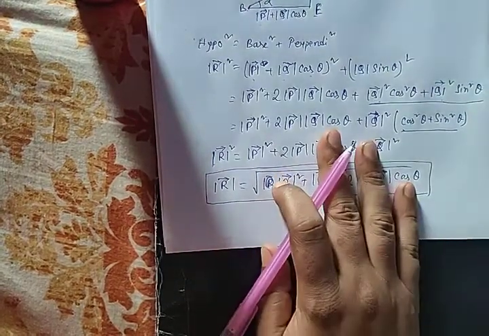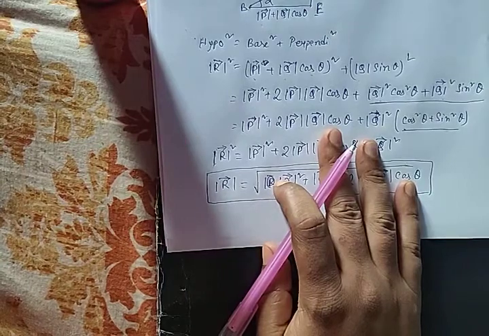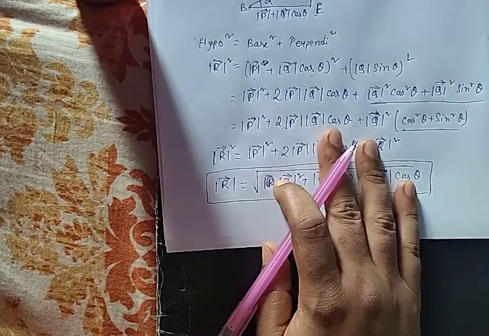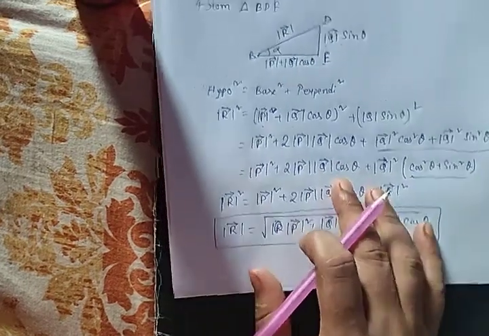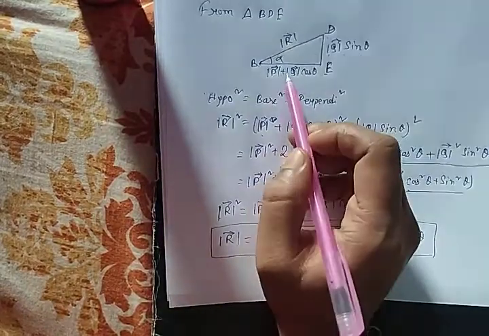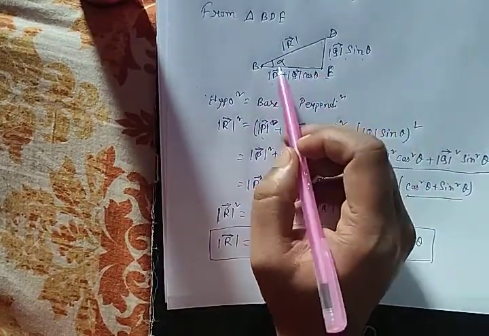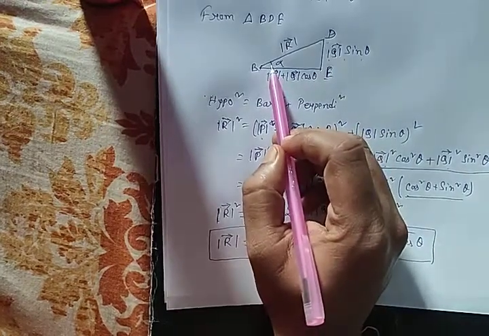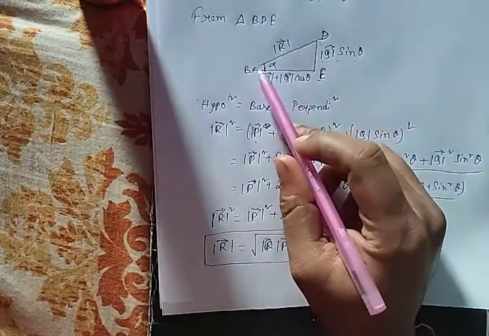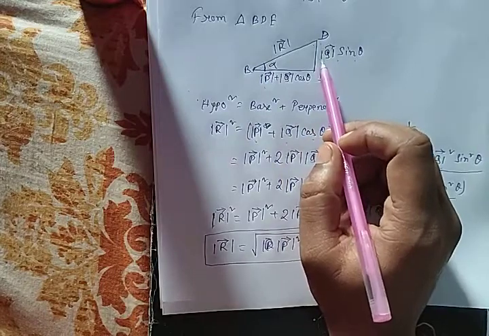So, direction. Okay. So for the direction part, look at this triangle. From this triangle, sine alpha is equal to what? Sine alpha is equal to perpendicular by hypotenuse. What is the value of perpendicular?